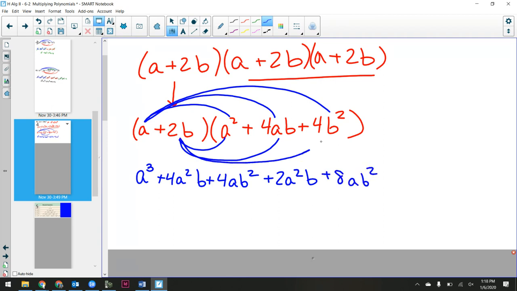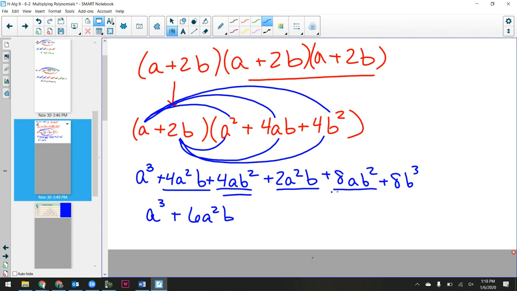We take 2b times 4b squared. Are any of those like terms? Yes. I have a to the third plus, here's an a squared b, here's an a squared b, 6a squared b, ab squared, so plus 12ab squared plus 8b to the third. You guys follow me there?